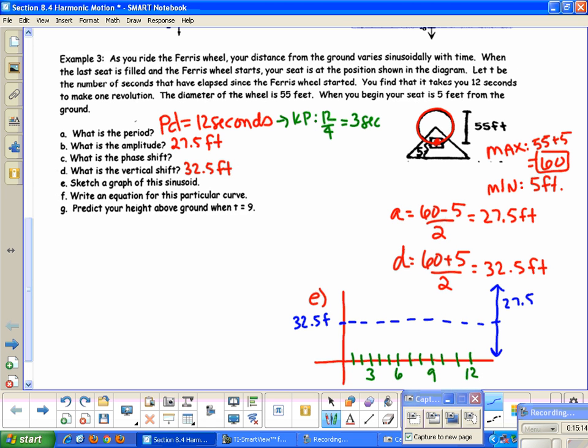It said that at time 0, my seat starts here. So if my seat's starting at 5 feet, that would be at 5 feet here. So we're starting here on my graph.